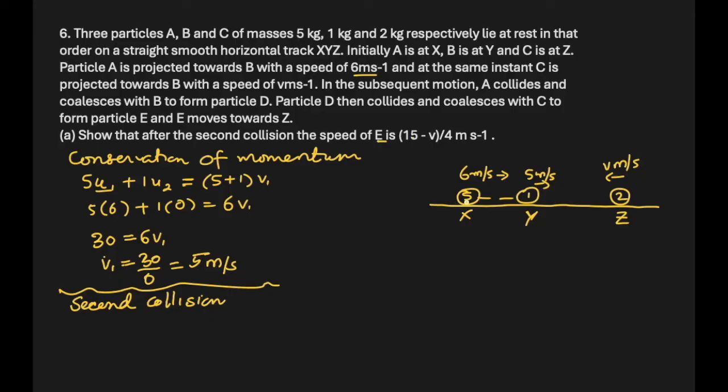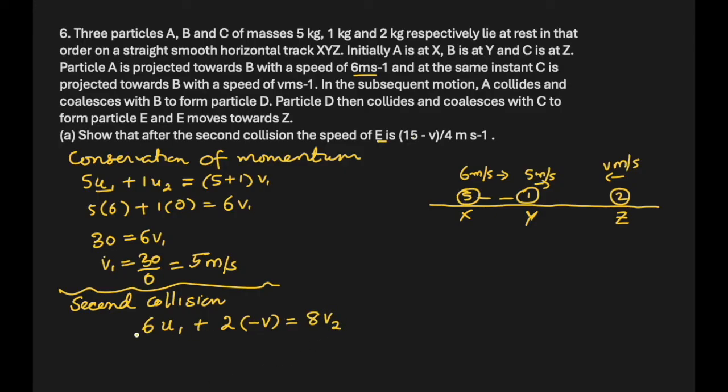These two masses together now become one mass D, which is 6. There is u1, plus this is mass 2, and its velocity is minus V. Keep in mind the direction is opposite, that's why I'm writing minus V. Together they make a new final velocity, let's call it V2.